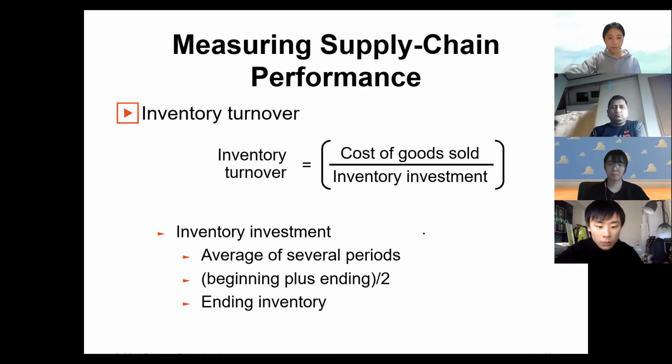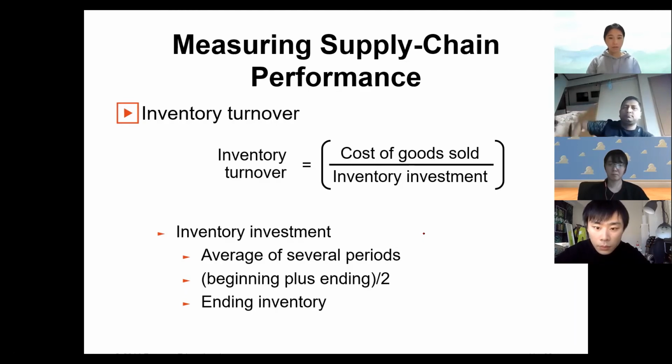That is the first one, the average percentage invested in inventory. The other one is inventory turnover. Inventory turnover is cost of goods sold divided by inventory investment. We'll have an example after this. Cost of goods sold is the cost to produce the goods, which you can find in accounting.